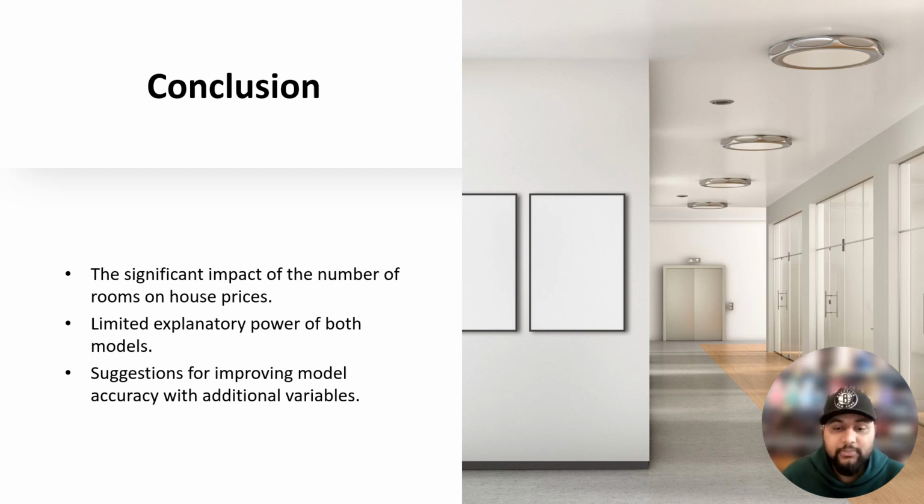The inclusion of the number of bathrooms in model two did not significantly improve the model's performance. These findings suggest that other factors such as location or property size may be influencing house prices. Further analysis using additional variables and more advanced techniques may provide a more accurate model and help address the assumption violations observed in the analysis.